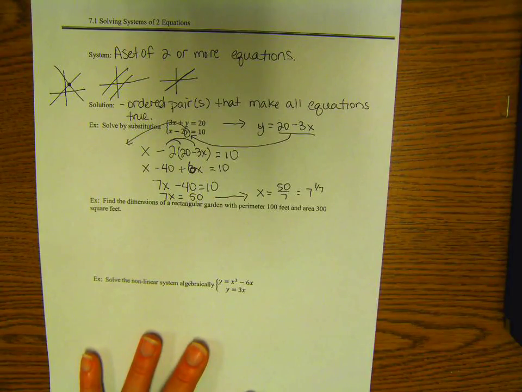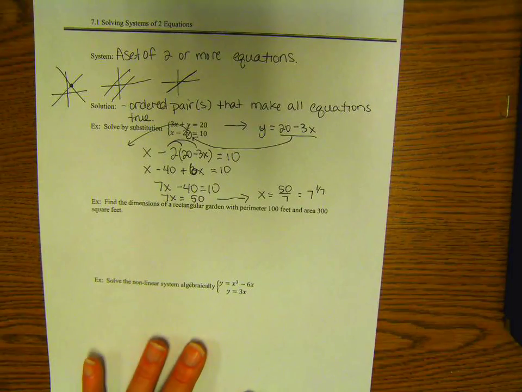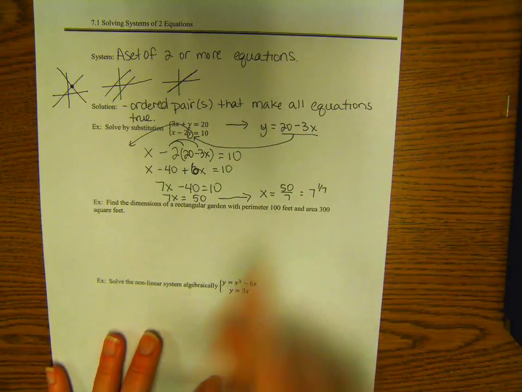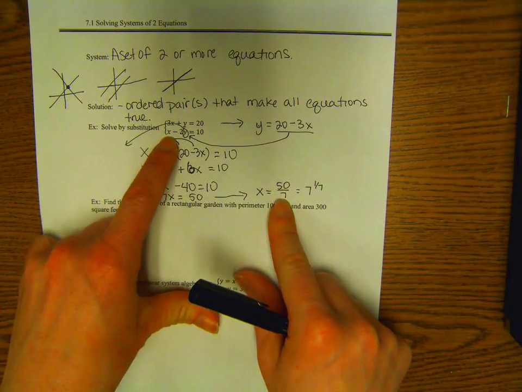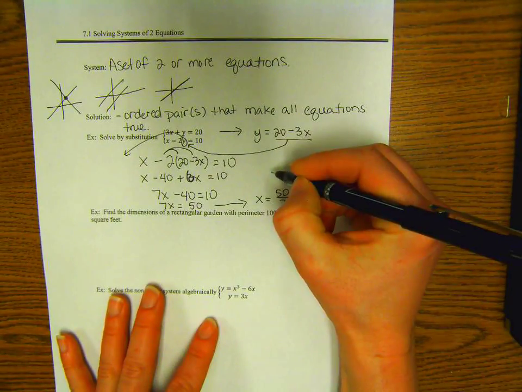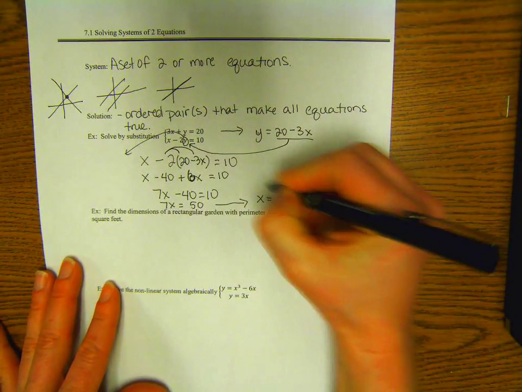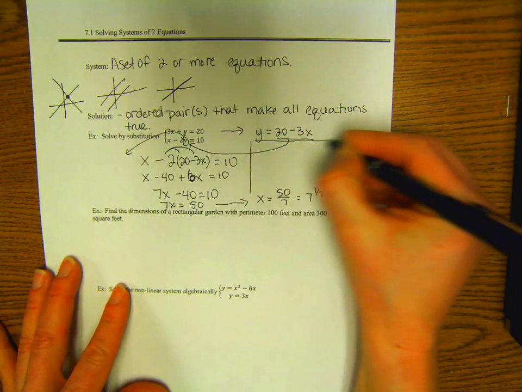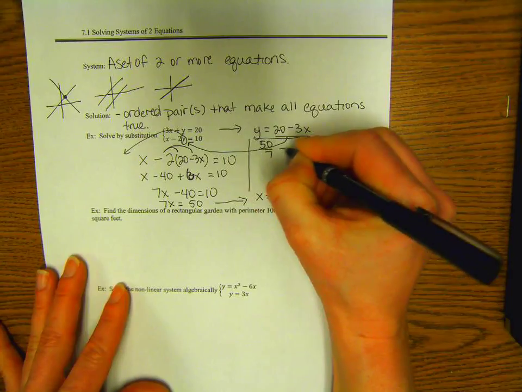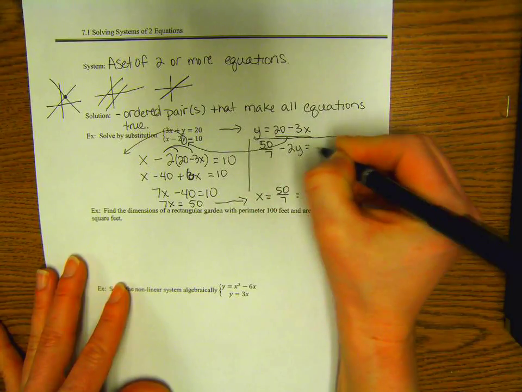Okay, so I just found the x coordinate, now I need to find the y coordinate. So I'm going to sub that back in, I'll just do that up here. I'm trying to get my space organized. Alright, so I'm going to write 50 over 7 minus 2y equals 10, which I can write as 10 over 1.